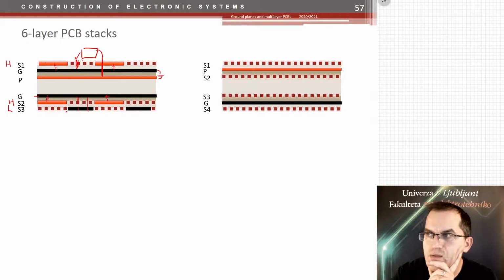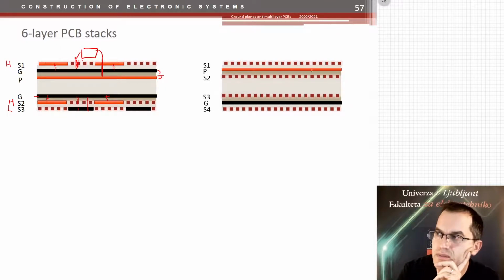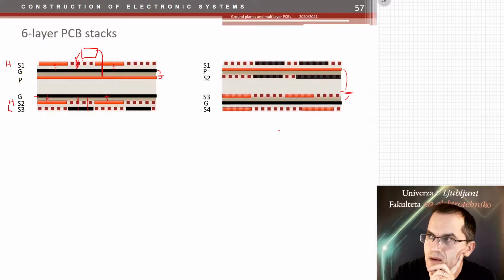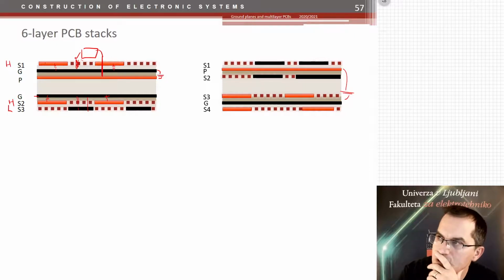From the first glance, that one doesn't look very good because the power and ground are actually very far away. But if you put another layer of ground and power on the unused areas, you can actually get a nice coupling between power and ground, and here between ground and power.